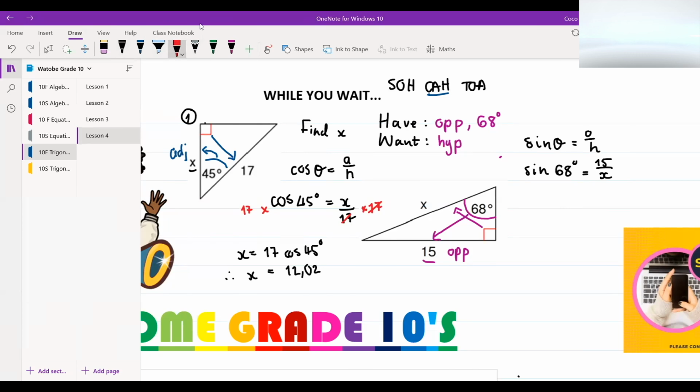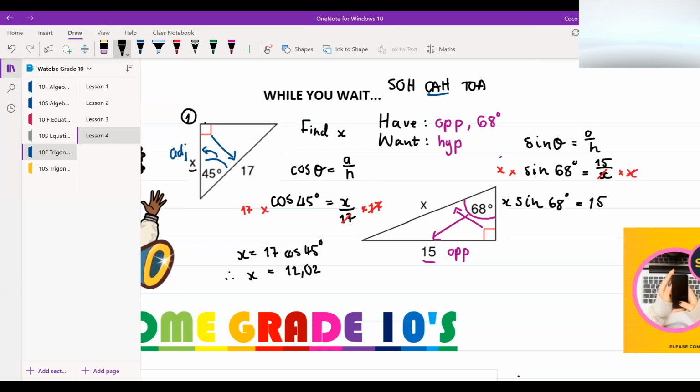So we're going to multiply both sides by x, and that will cancel. So I'll end up with x sine of 68 degrees is equal to 15.